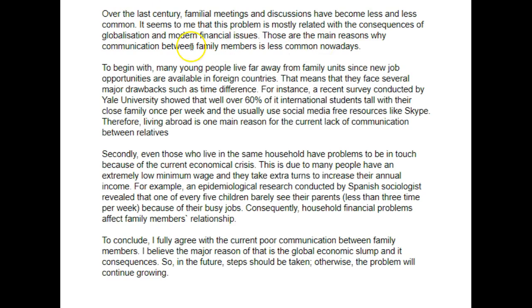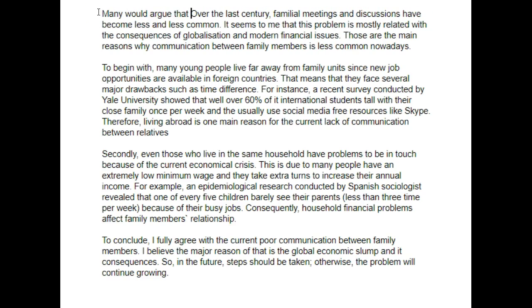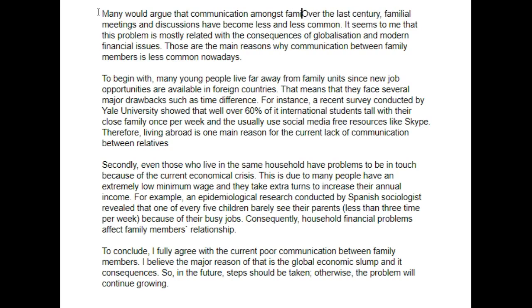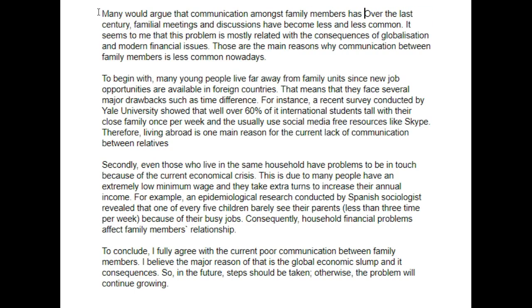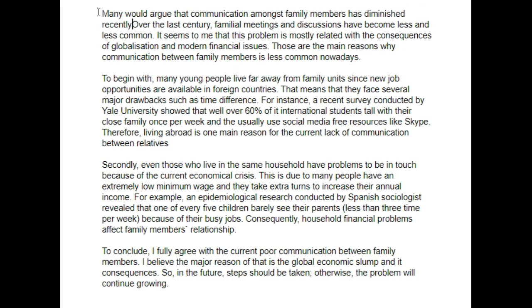So what I would do here is say, many would argue that communication amongst family members has diminished recently.